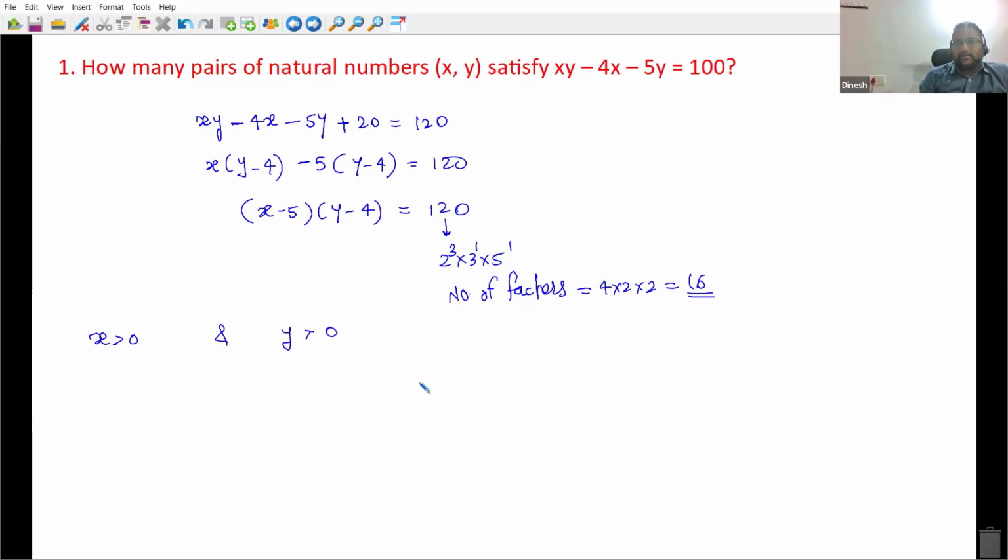So the value that you are going to keep for x minus 5 should be greater than minus 5. And the value that you are going to put for y minus 4 should be greater than minus 4. Are we getting the step?